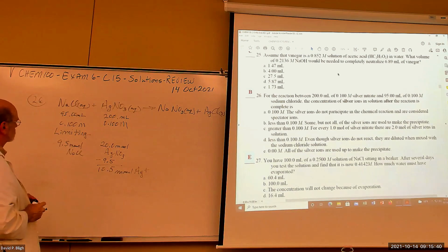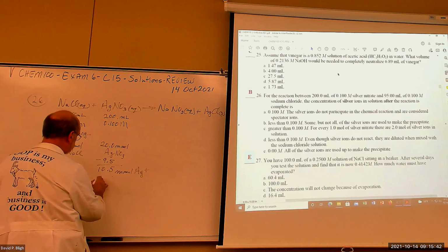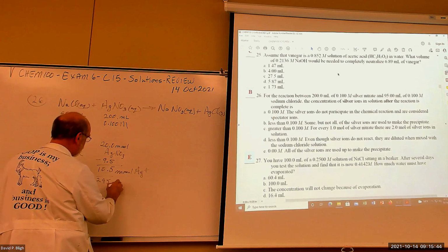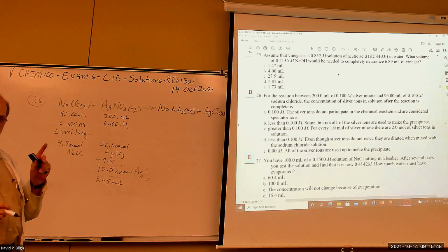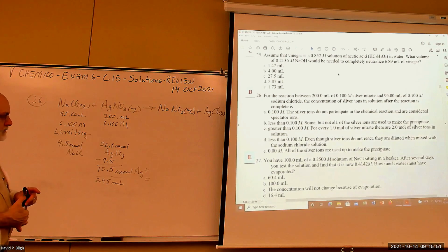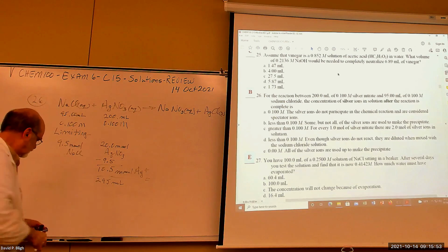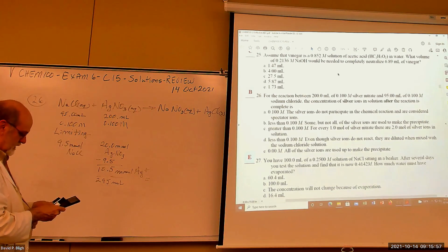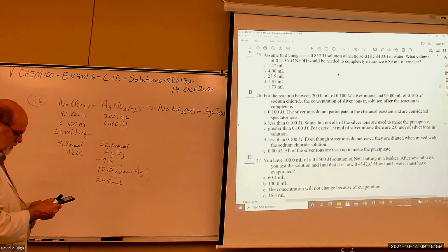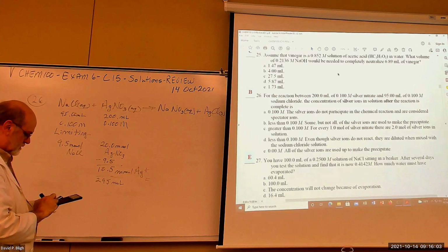So what's the volume? 295 milliliters. Remember, millimoles divided by milliliters is molarity. So that's 10.5 divided by 295. Oops, 95. Let's try that again.